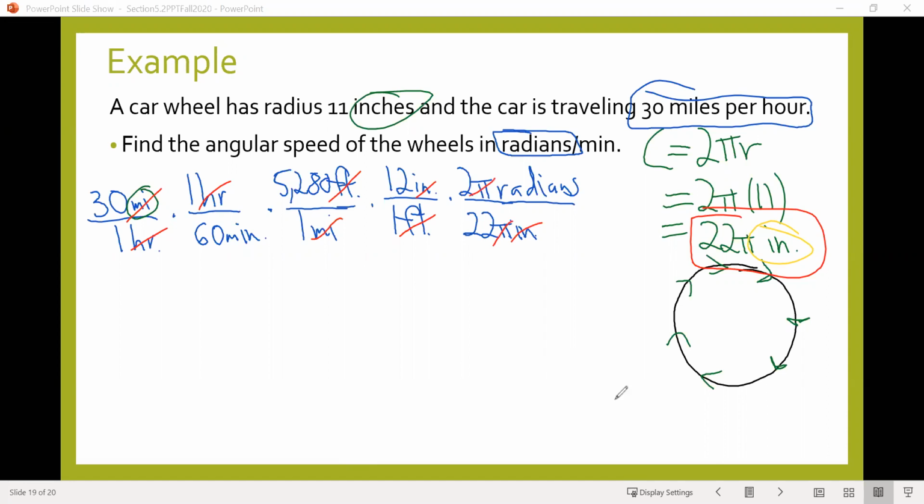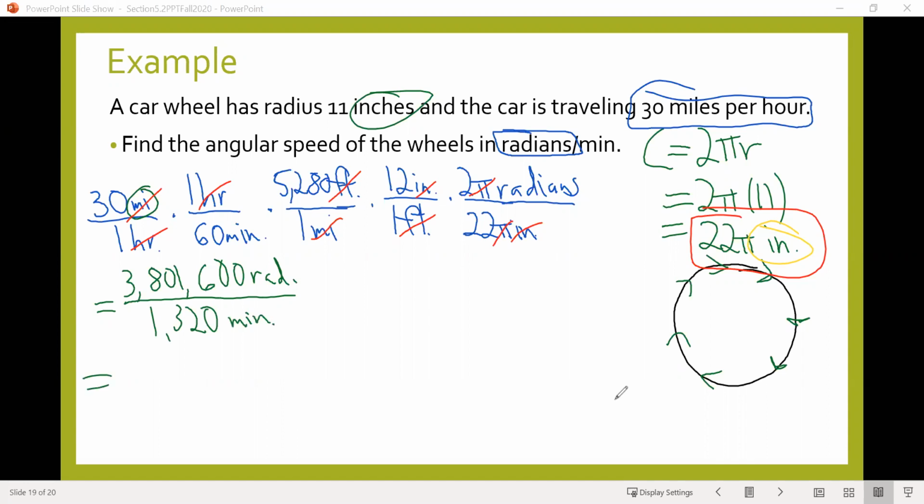We can also cancel the pi's here and here. And then we can do some work with our calculators and multiply across the top. Doing that will give us 3,801,600 radians over, multiplying across the bottom will give us 1,320 minutes.